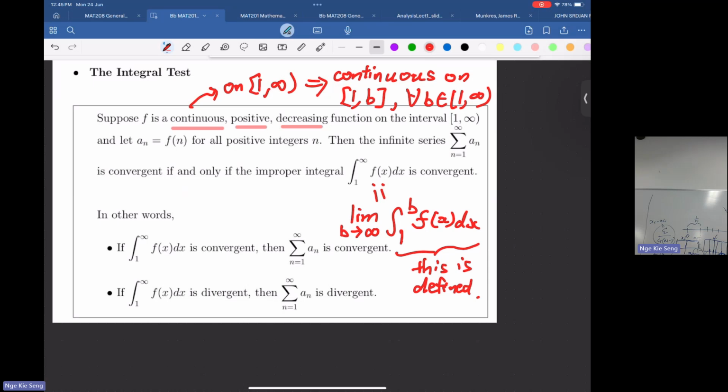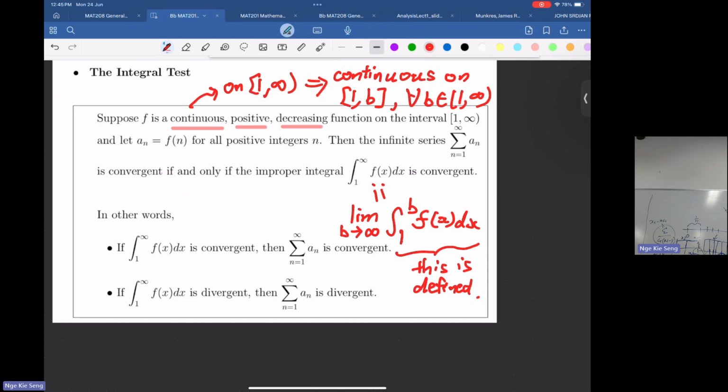And then what's this series here? How do we define it? An equals f(n), n is a positive integer. So you need to get your positive integers in your pocket now. And then where are f(1), f(2), f(4), f(5), f(6)?